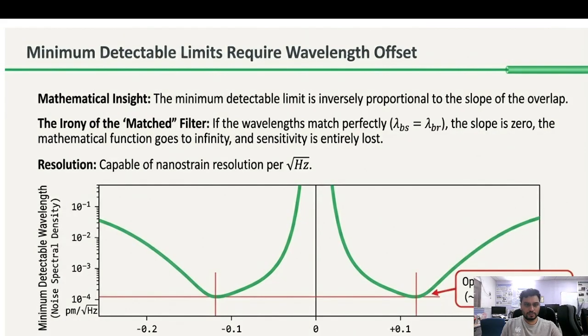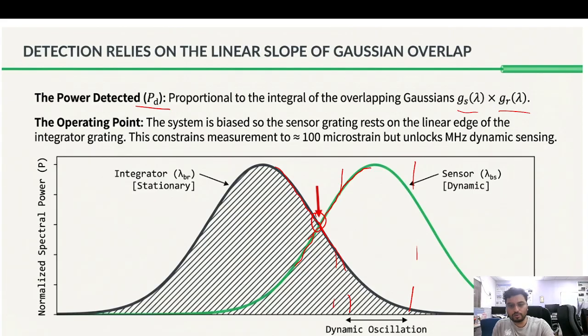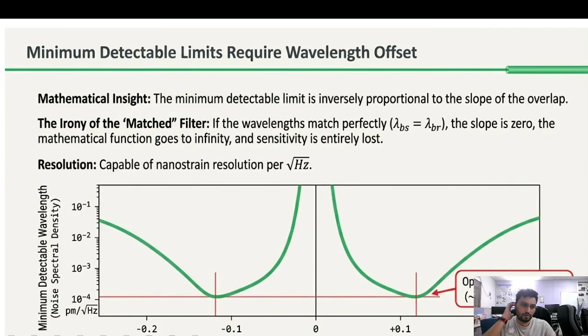So this is the minimum detection limit based on the wavelength. Moving towards the next thing, the minimum detectable limit requires a wavelength offset. Mathematically, the minimum detectable limit is inversely proportional to the slope of the overlap.